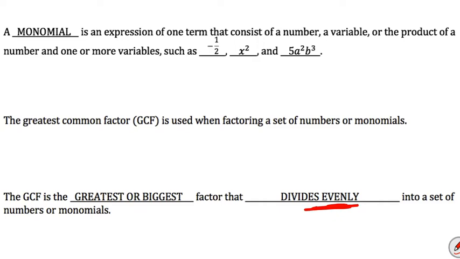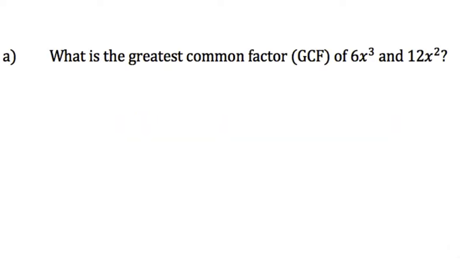Let's look at some examples. What is the greatest common factor of these two? If we start with 6 and 12, just like we did in the bell ringer, for 6 the numbers that multiply to give you 6 would be 1 times 6, and the only other one would be 2 times 3.